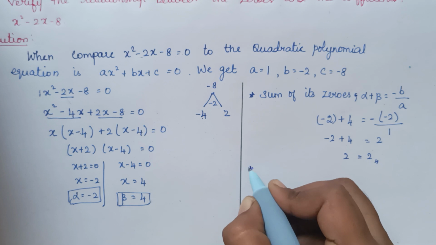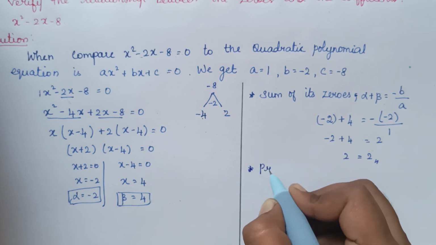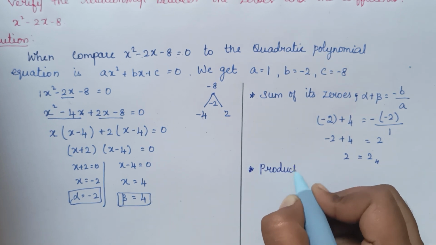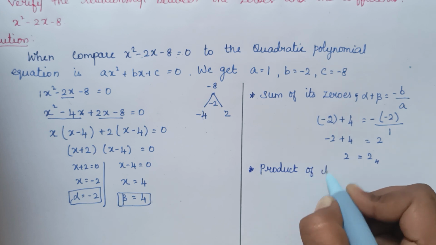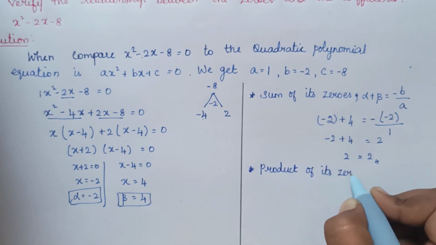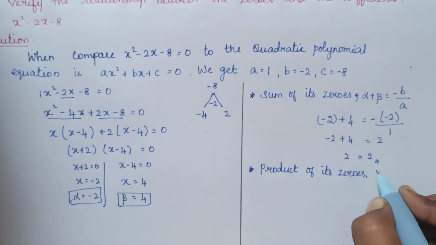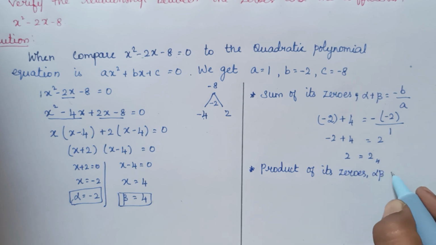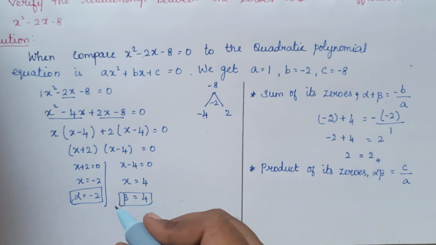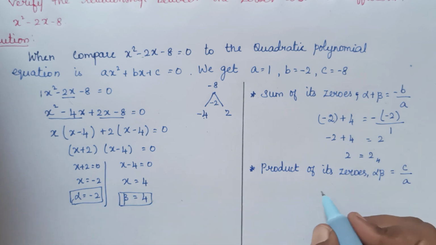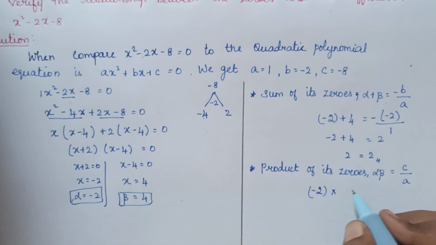Next we want to apply the product of its zeros. The product of its zeros, that is alpha into beta, is equal to c by a. We know the value for alpha is minus 2 and beta is 4, so minus 2 into 4 is equal to c by a.